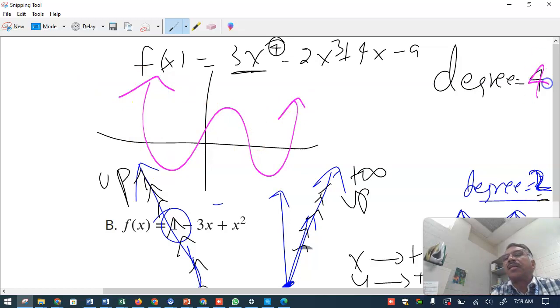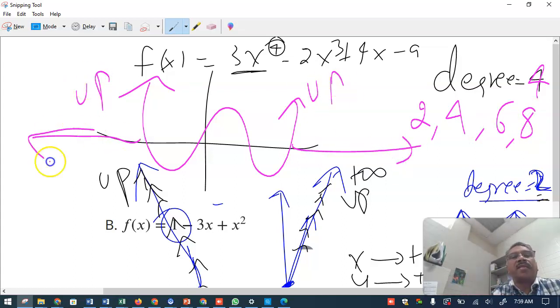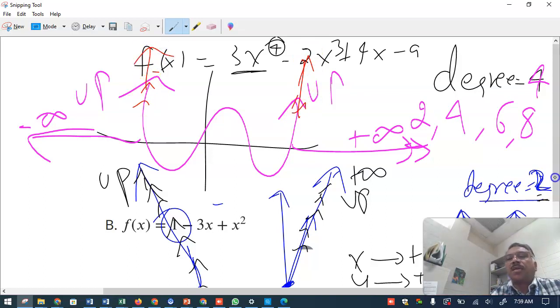Whenever there is a degree 2, 4, 6 or 8, it's always up, up. All it means is that on either side, when you take x as a very large positive number or a very large negative number, the y value will always become plus infinity. So it goes up, up. That's all it means.